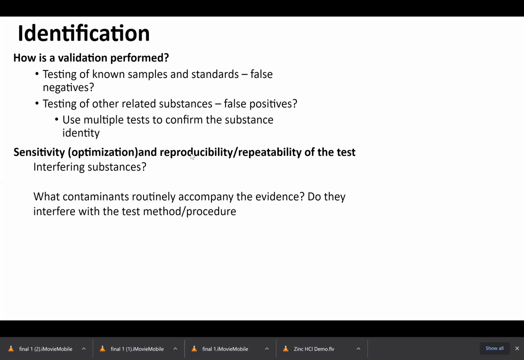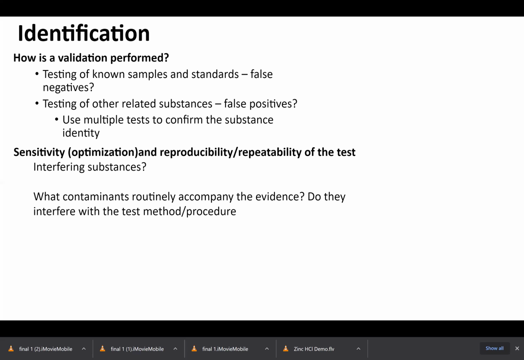Sensitivity, optimization, and reproducibility and repeatability of the test are very important. Can there be other substances that interfere with my test? All those questions have to be answered before you can use the test method to identify substances.